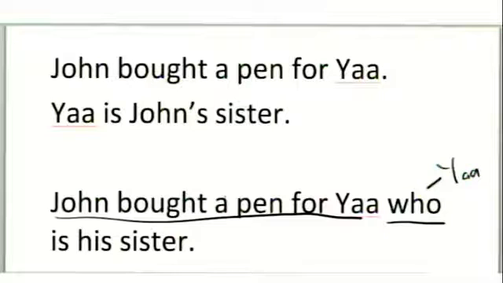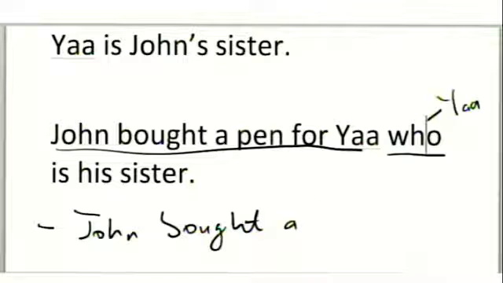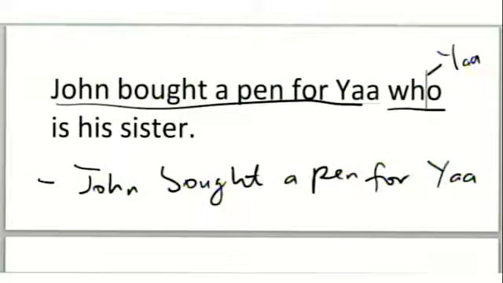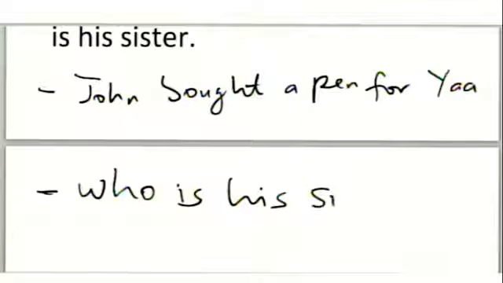So here, our main clause is John bought a pen for Ya. And then our subordinate clause is who is his sister.